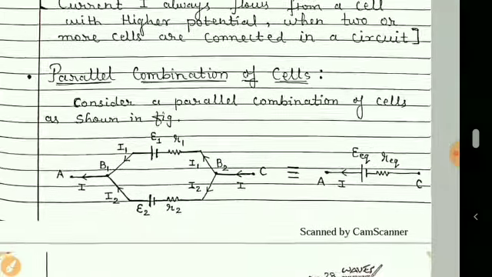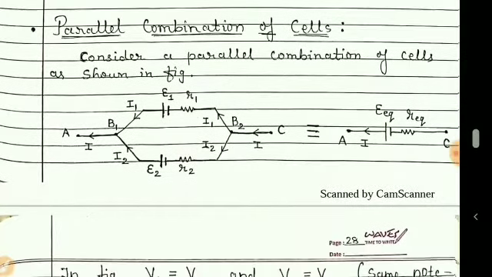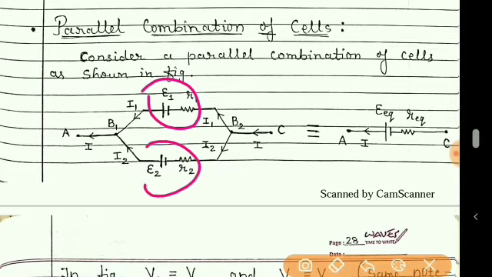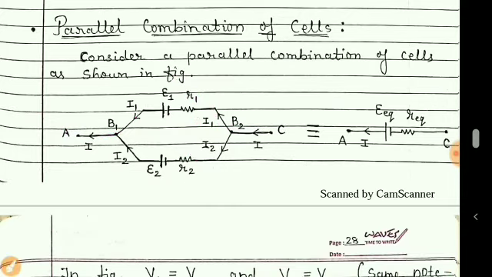Now about the parallel combination of cells. You can see here these two cells, they are connected in parallel across these points A and C. Students, here we have taken points B1 and B2 also, but as this B1 is directly connected with A and there are no components in between, here there is no resistor or battery, so we can say that the potential of A and B1 is the same.